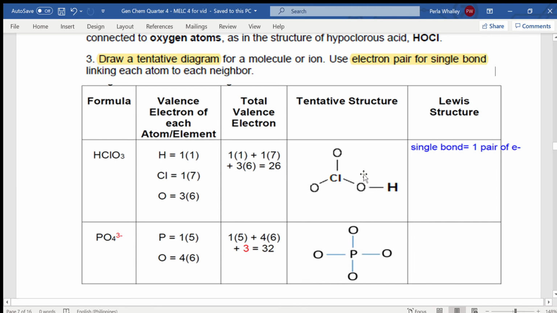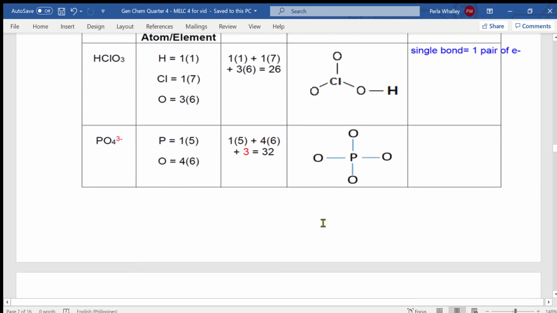The hydrogen can be attached to this oxygen or to this oxygen. Okay, next for phosphate, the central atom would be phosphorus because it has the lesser number. And there are 4 oxygens, so we have 4 single bonds around it.